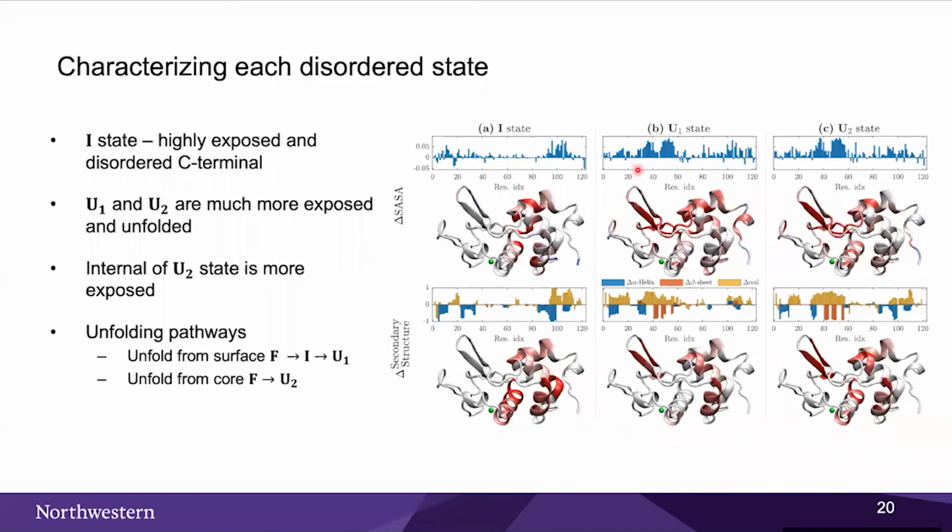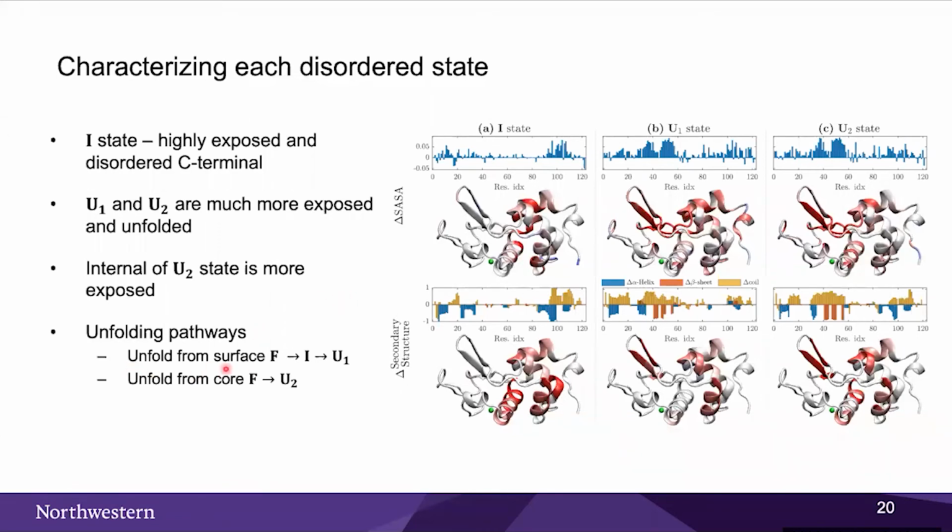For the U1 state, you see the surface area gain is pretty much everywhere but in the middle of the protein. Compare that to the U2 state, where you have a more substantial exposure of the core. With the surface area change alone, you can already tell that the unfolding pathways can be categorized.